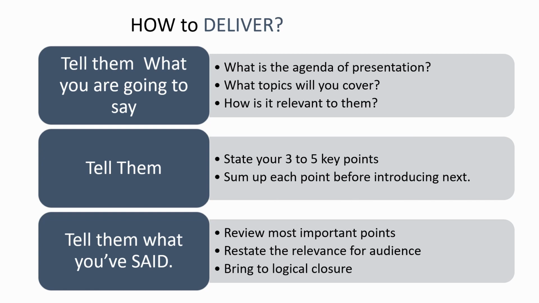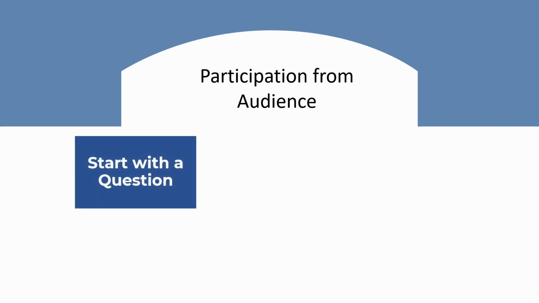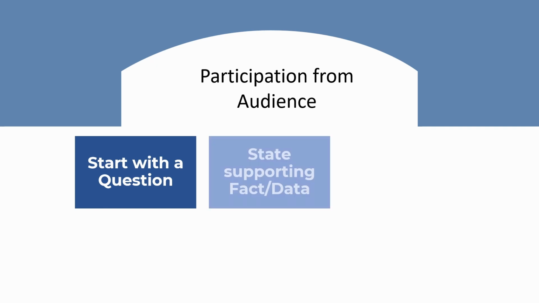The most important part of implementing a training program is ensuring audience interaction. You can increase the participation from the audience by using the following tricks, applying these to our safety training case study. You can start with a question, asking about their prior experience in emergency situations, previous trainings, etc. State supporting fact data.